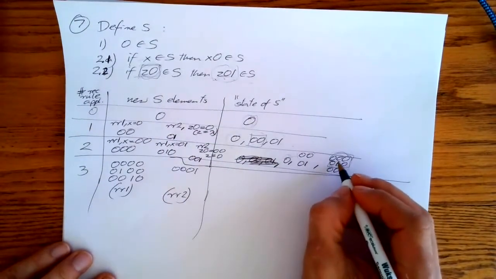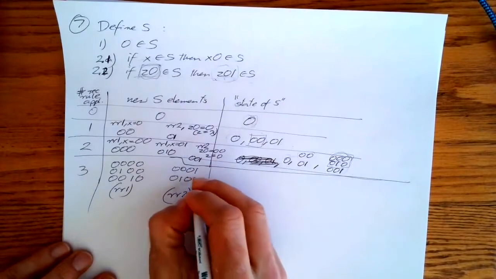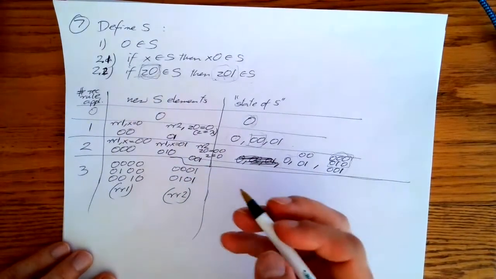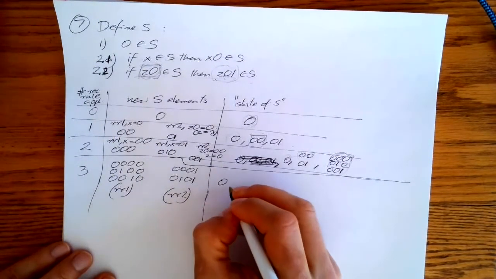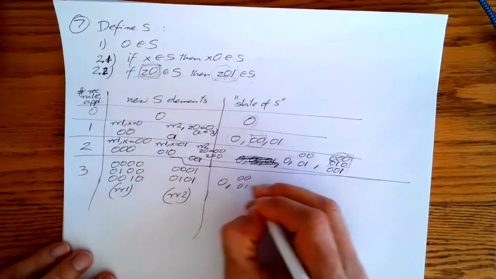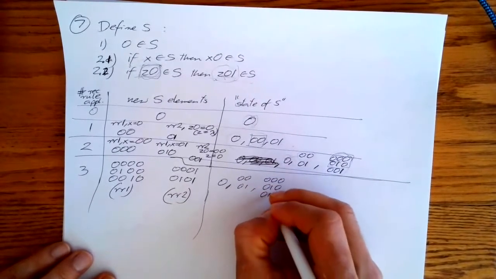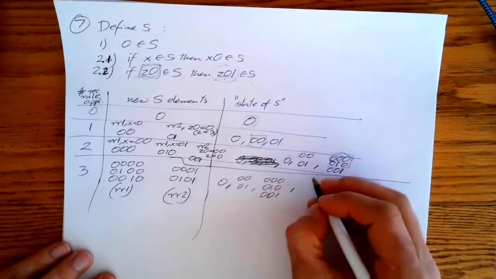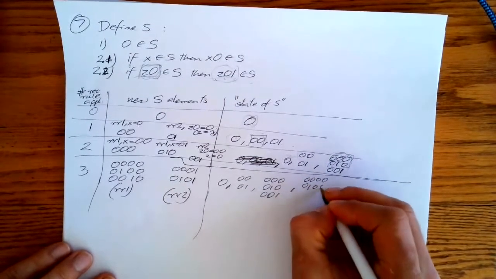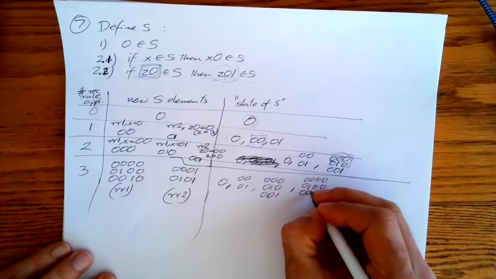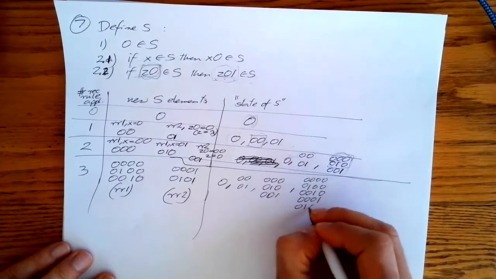In the second case, Z is 0, 1, and we are adding 0, 1, so like this. So now the state of S is, well, we have all the stuff as before. The 3-bit strings are these, and the 4-bit strings are 0, 0, 0, 0, 0, 0, 1, 0, 0, 0, 1, 0, 0, 0, 0, 1, 0, 1, 0, 1.